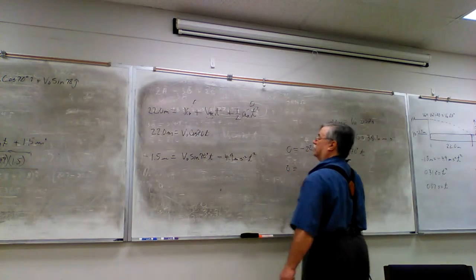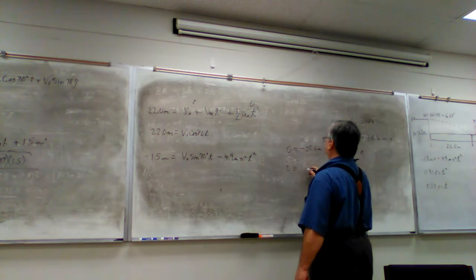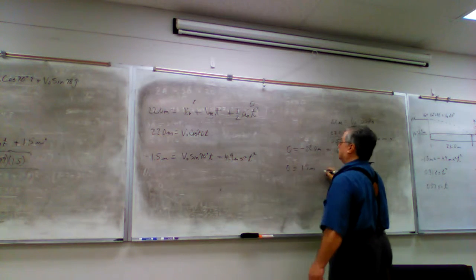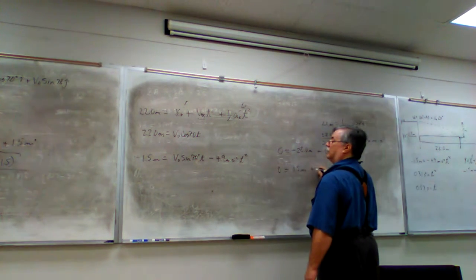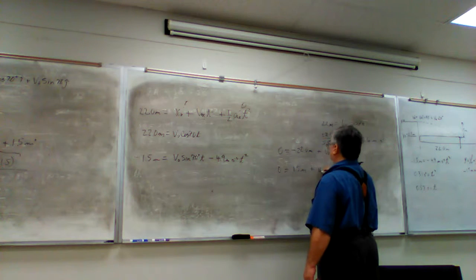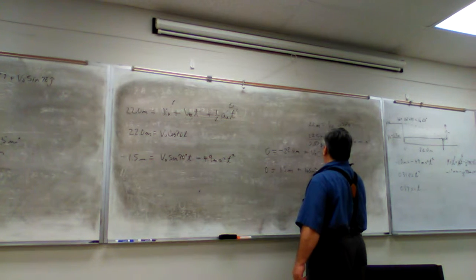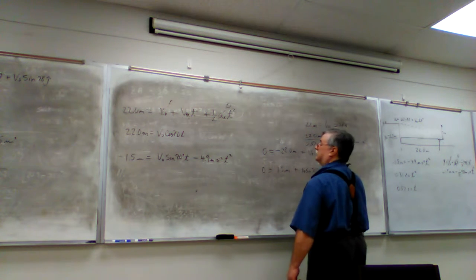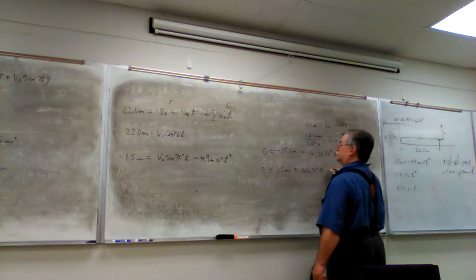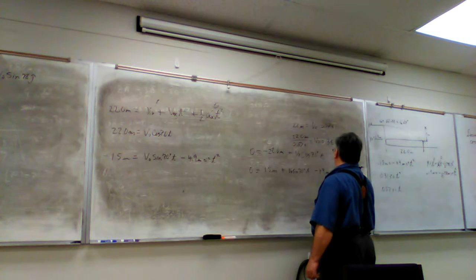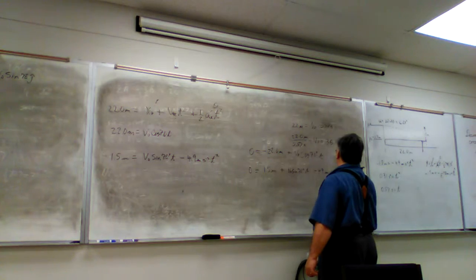And 0 is also equal to 1.5 meters plus v sub naught sine 7 degrees times time minus 4.9 meters per second squared times time squared.